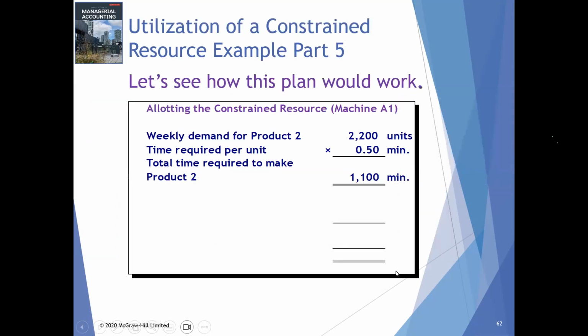So look at this. The weekly demand for product 2 is 2200 units, and the time required per unit is half a minute.